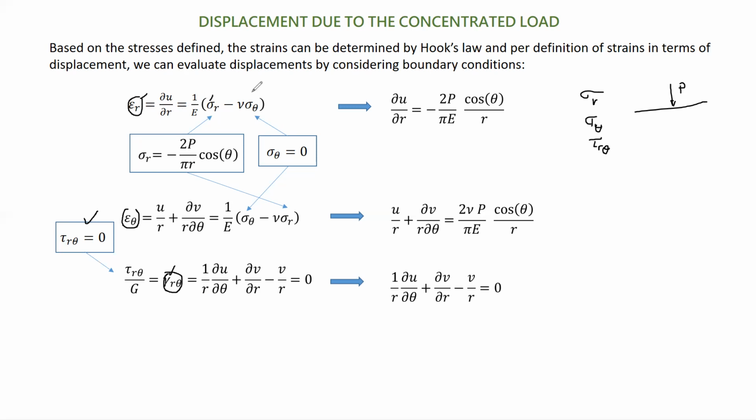Substitute for sigma r, sigma theta, which was 0, and then integrate it. Integrate that equation, you get u. From this one, the equation for the epsilon theta is given by this expression in terms of u and v. And epsilon theta is calculated by this equation. And this expression shows that this is 0. So we have 3 equations.